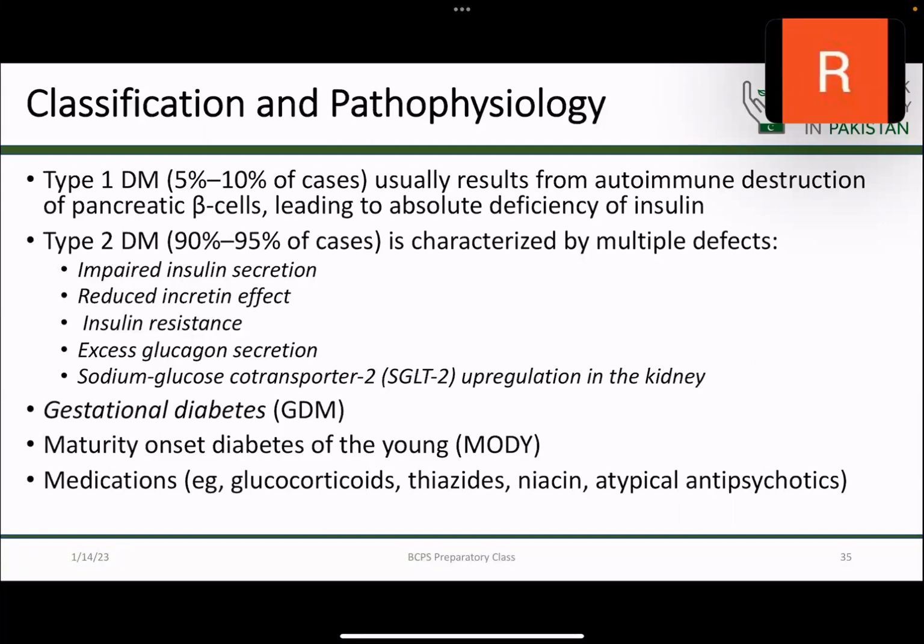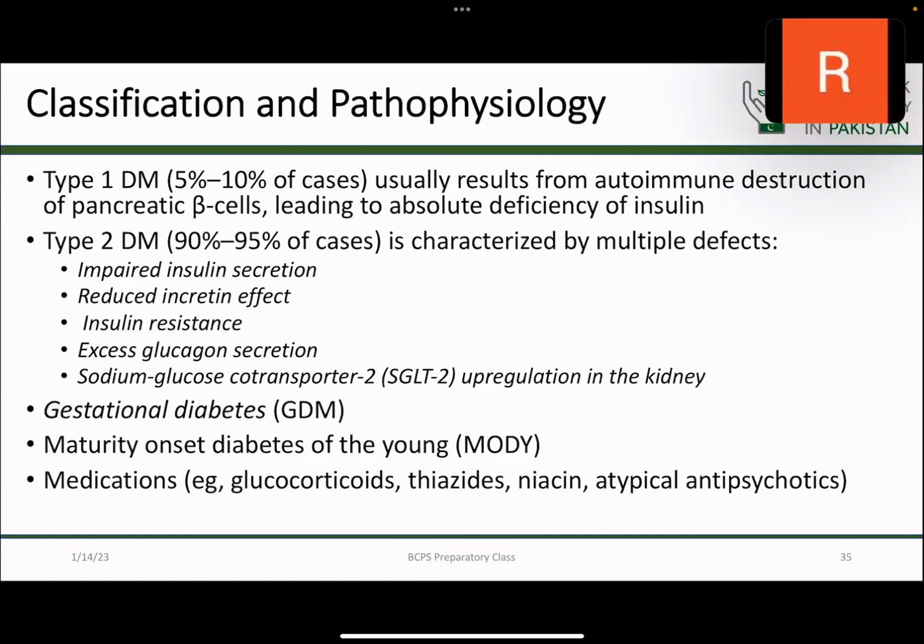The other type is type 2, which is the most common, in 90 to 95% of the cases, and was previously called insulin independent. But we will see that this is not actually completely insulin independent. We have to administer insulin in some cases as well.